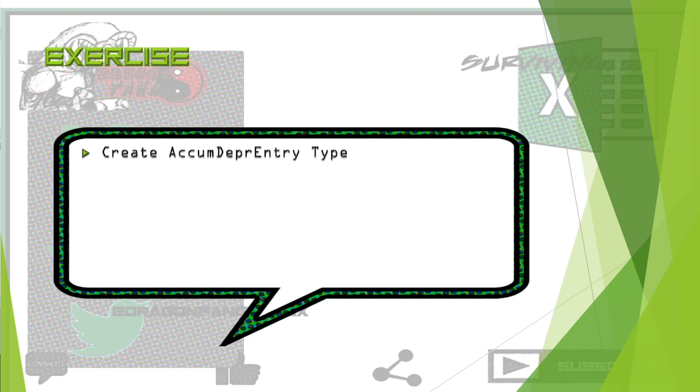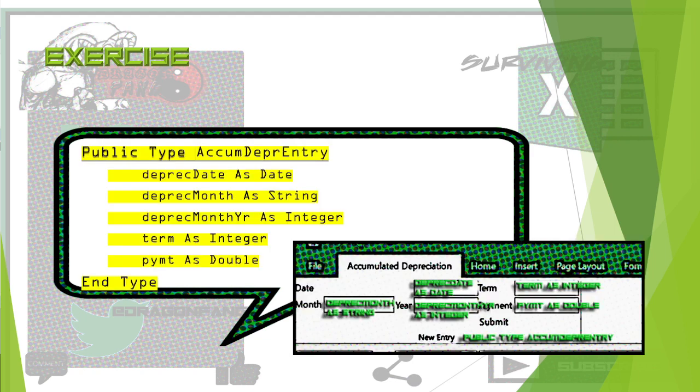All right. So we're going to do a couple other things. In our next exercise, we're going to create an accumulated depreciation entry type. And within that type, we'll have the accumulated depreciation date. So it's just like the entry date, it could be today's date mostly.